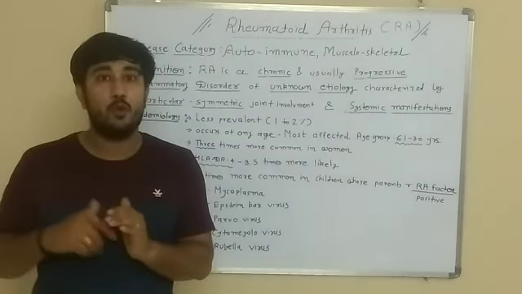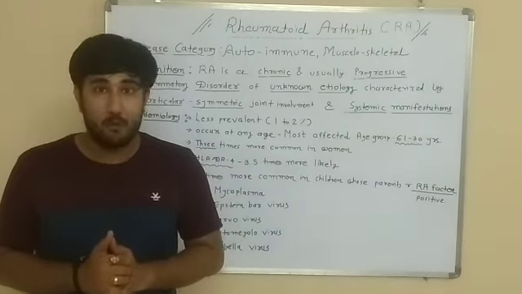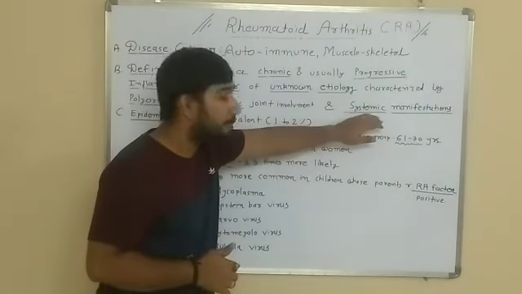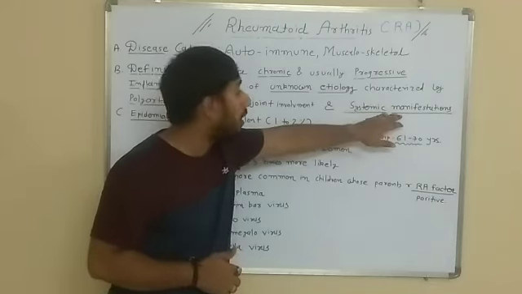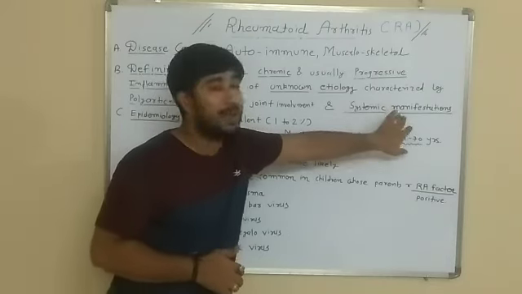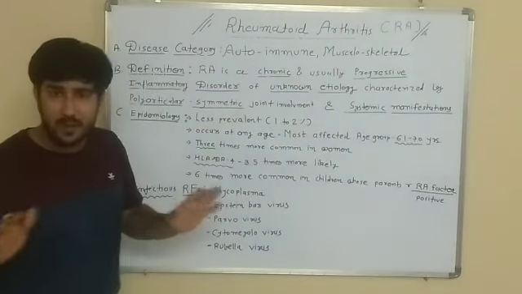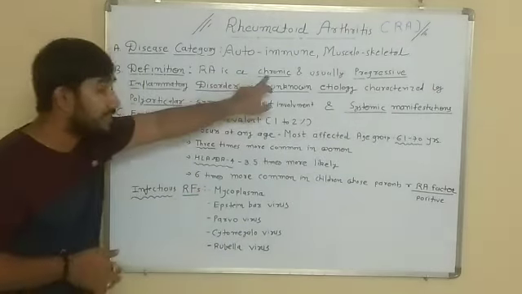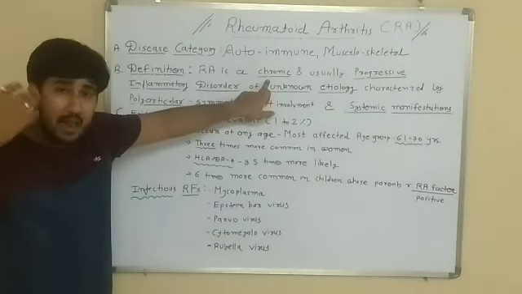So we can say there would be systemic involvement. Systemic complications develop, and ultimately a patient might have multiple organ system involvement, or systemic manifestations. So these underlined words are very important. Once again we revise: it is a chronic disease condition, it is for years and years, and most of the time lifelong.